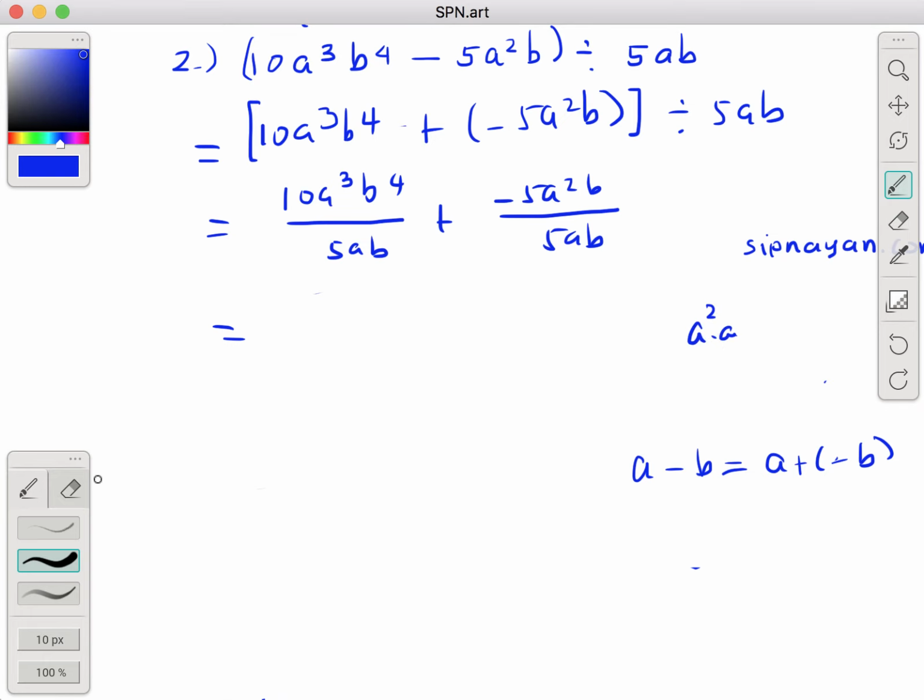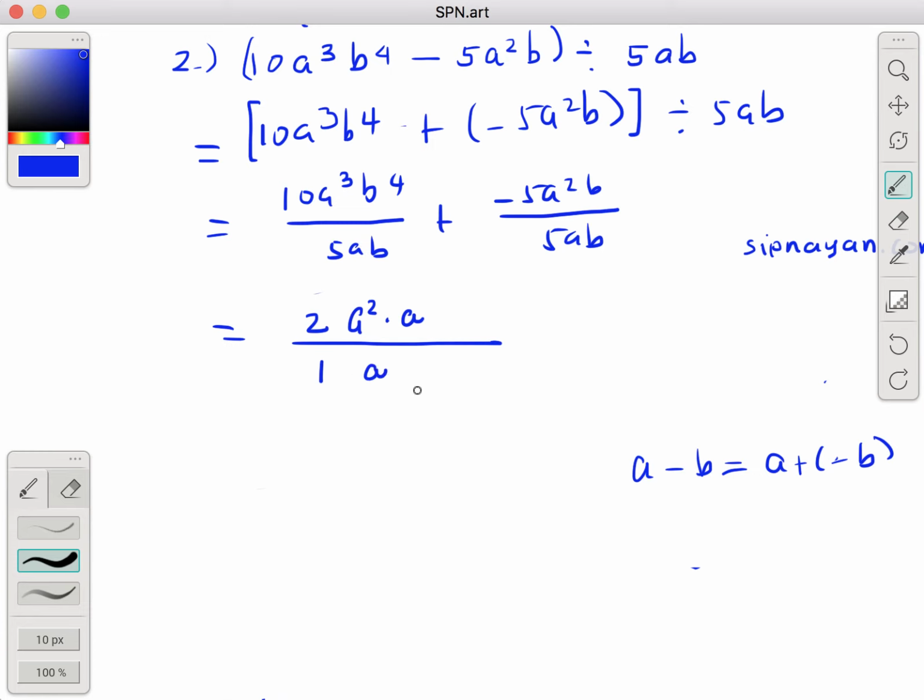So, anyway, we just do what we did in the previous example. So, 10 at saka 5, ang greatest common divisor natin ay 5. So, 10 divided by 5 is 2. And then 5 divided by 5 is 1. And then yung a cubed, gawin natin siyang a squared times a, kasi may a tayo sa baba.